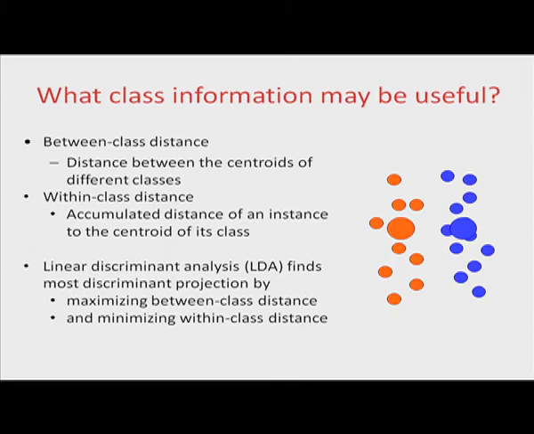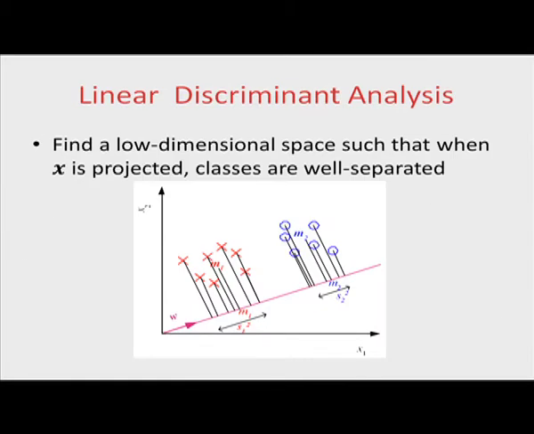Now, this is the representation here, and in linear discriminant analysis, we define the problem as this. Given the points belonging to, let us say, two classes, we want to find a low dimensional space such that when we project the instances on this axis, the classes are well separated.